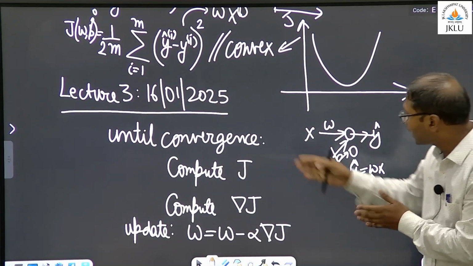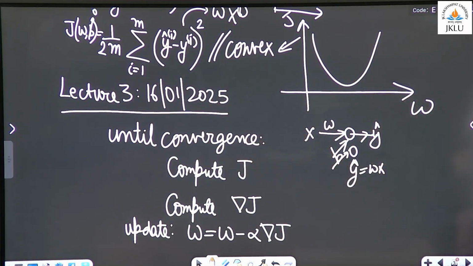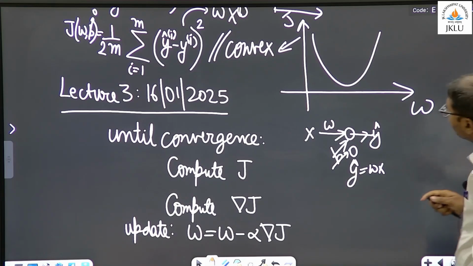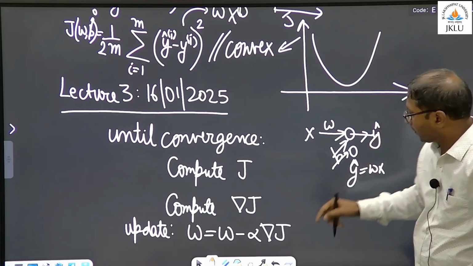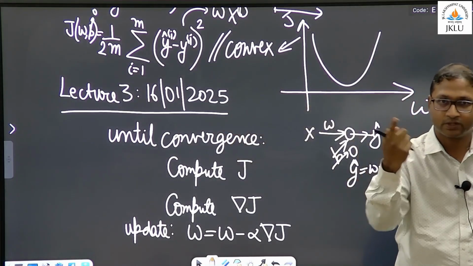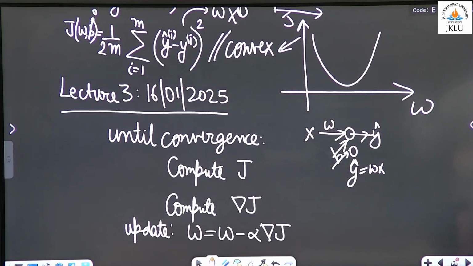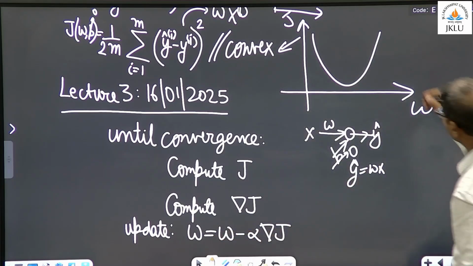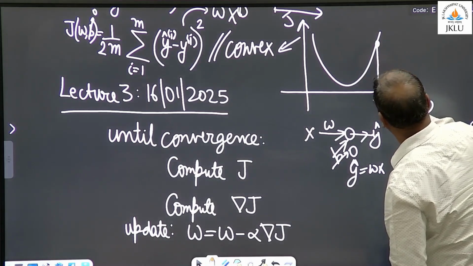Now help me, how will this algorithm help? What are we supposed to do? When you say until convergence, what do I do? You were saying, somebody was saying something. Start at some random W. So start at some random W, let's say this one.